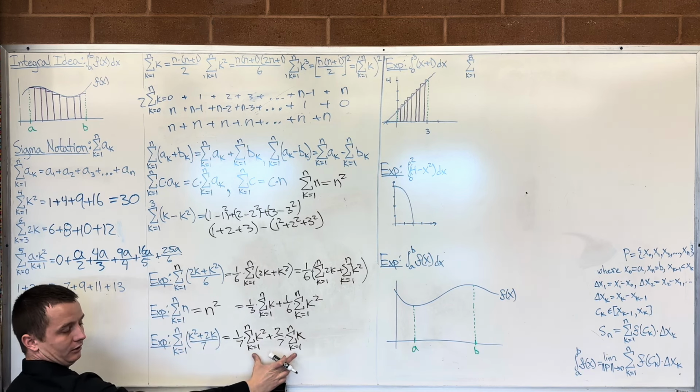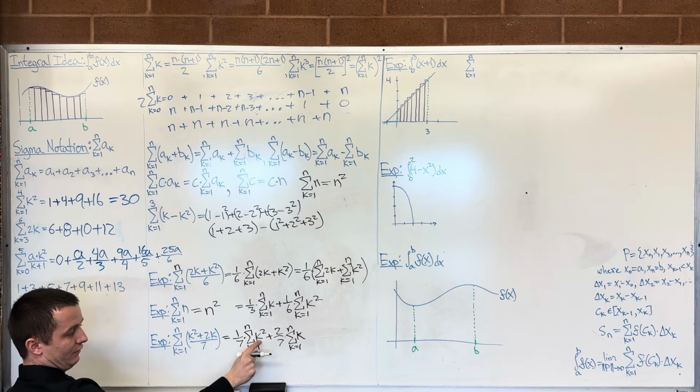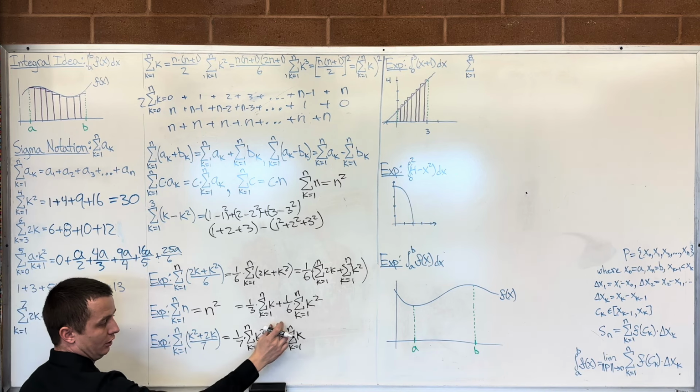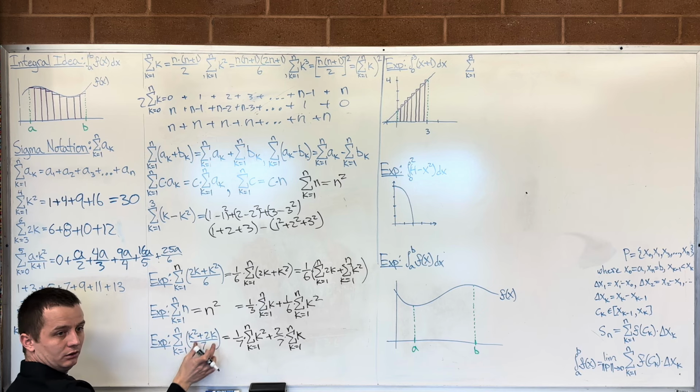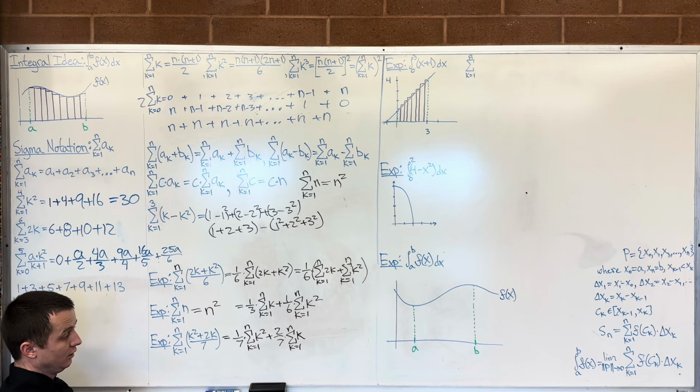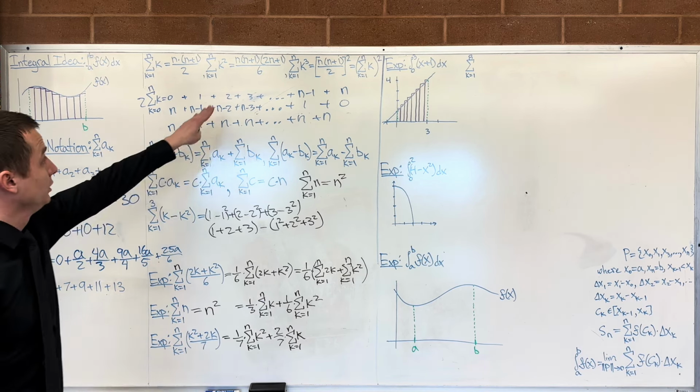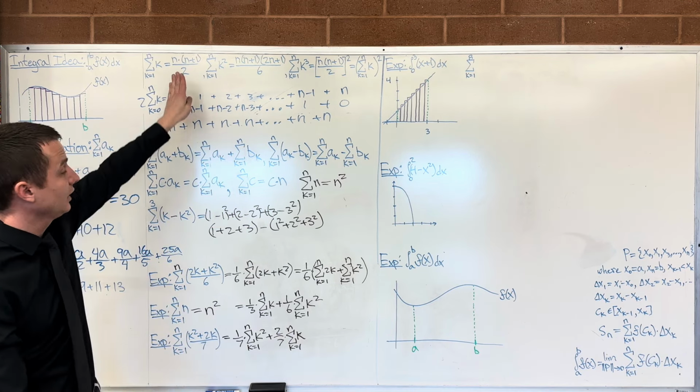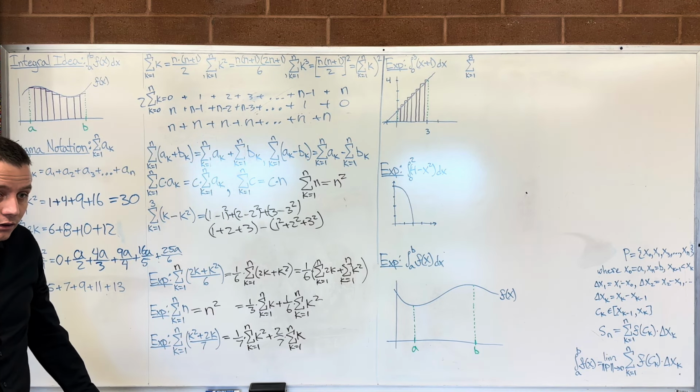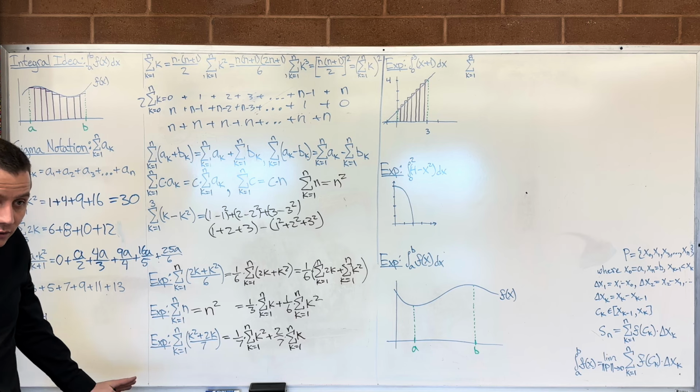You see how I went from there to there? 1/7 k squared is this term. 2/7 k is this term. And now you can replace the k squared with this, and you can replace the k with that. And I give you your formula.